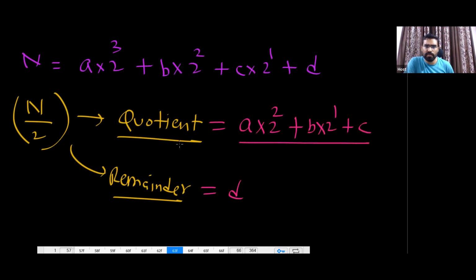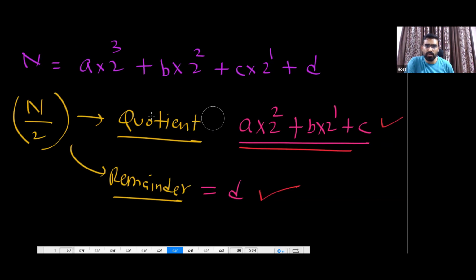Is this clear? A into 2 power 2, b into 2 power 1, and plus c: this will be the quotient. Because when you divide by 2, you will get 2 power 2, 2 power 1, and so on, and this will cancel. So this d will be the remainder and this will be the quotient.